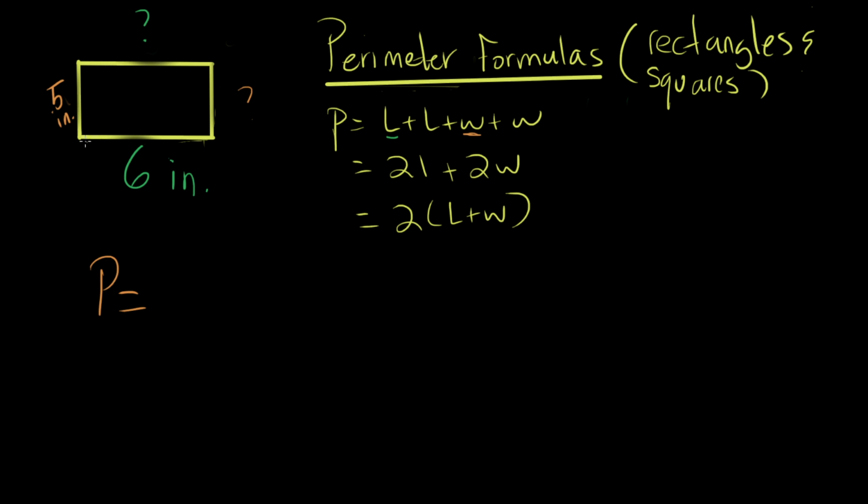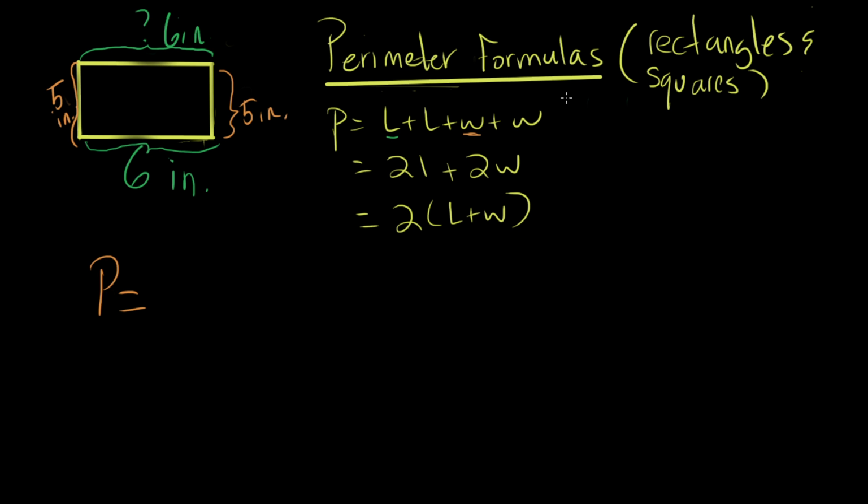So if this length is 6, this side is going to be 6 inches too. And vice versa. If this side is 5 inches, this side's also going to be 5 inches.